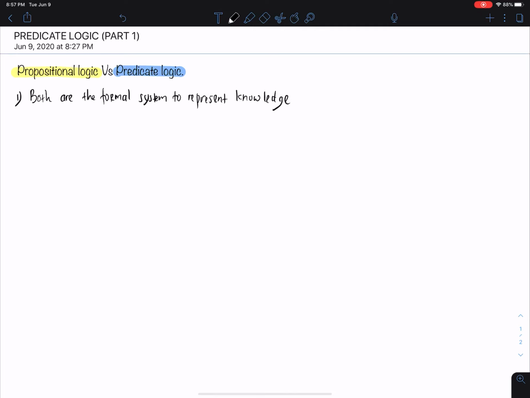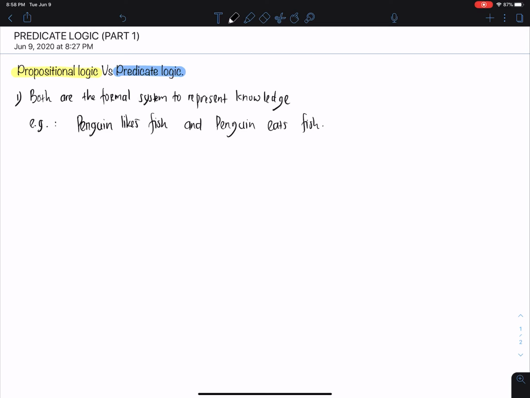For example, to say penguin likes fish and penguin eats fish.